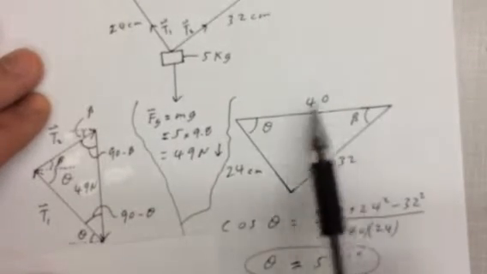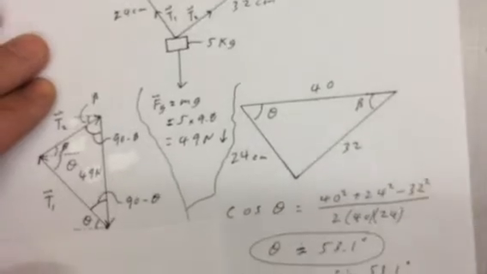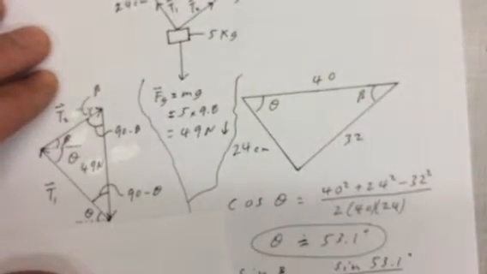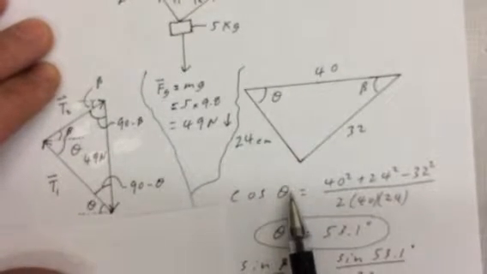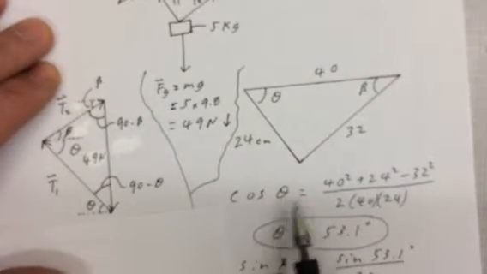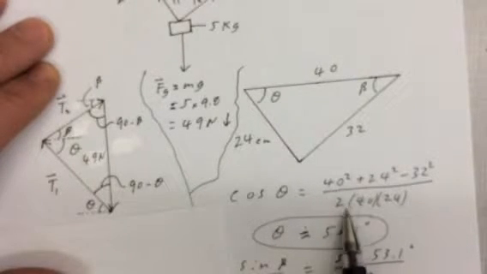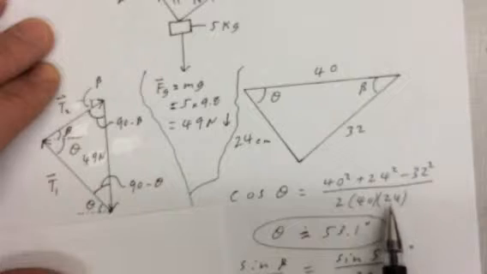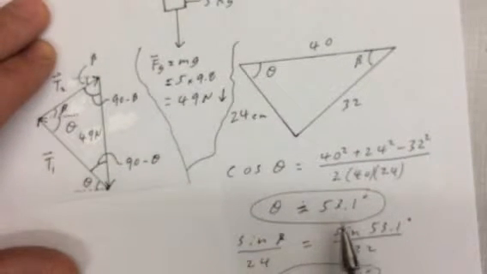We've got all three sides of this triangle. So we're going to use the cosine law to figure out angle theta. Cosine theta equals 40 squared plus 24 squared minus 32 squared all over 2 times 40 times 24. Plug that in your calculator, cos inverse, and you get theta equal to 53.1 degrees.